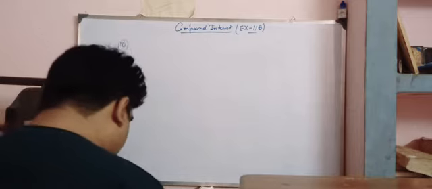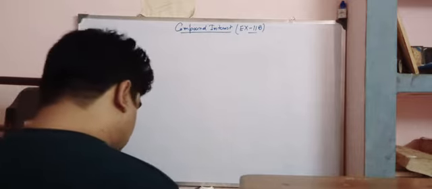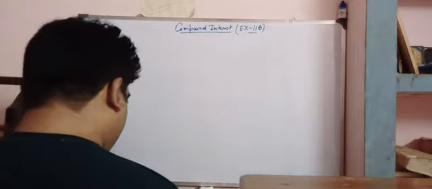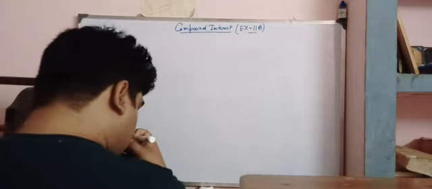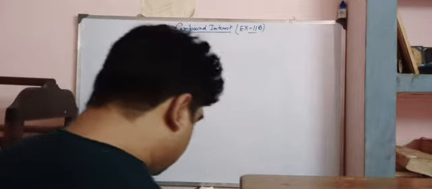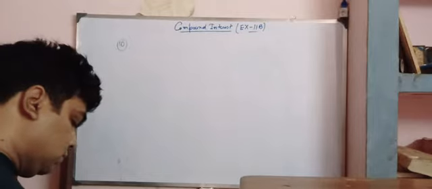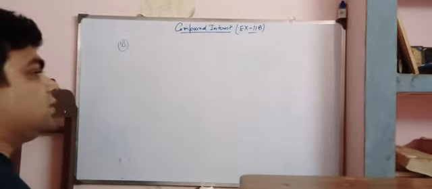If the company charges compound interest at 12% per annum during the first year and 12.5% per annum during the second year, how much will she have to pay after 2 years? Okay, so there are two types of rate.